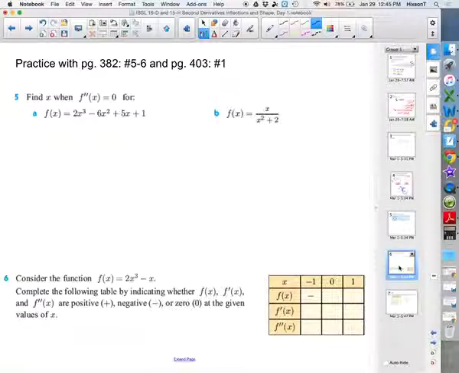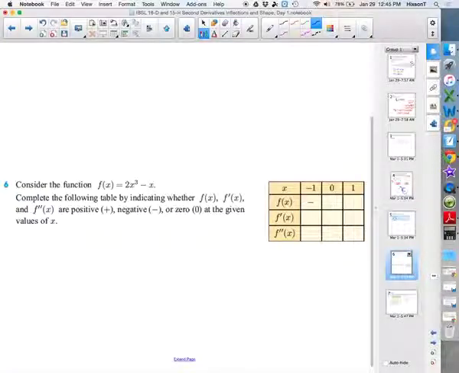Because we're going to do some sign diagrams. It says, consider this function, complete the table. And notice here, we're kind of doing 3 different sign diagrams simultaneously. But they gave you the values that they want you to use. You're not having to find those values yet.